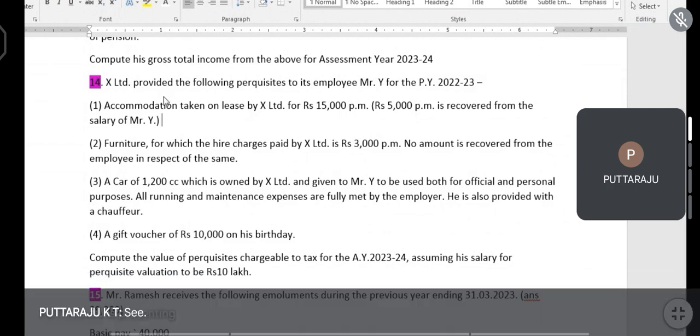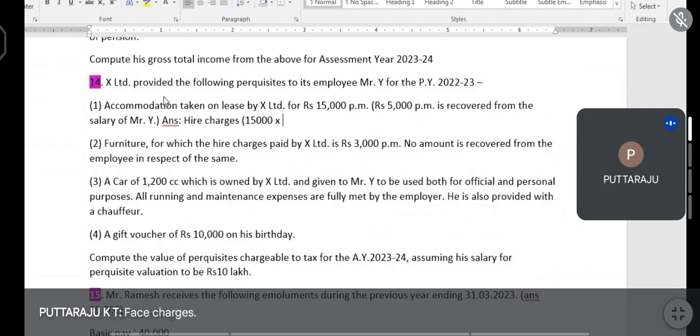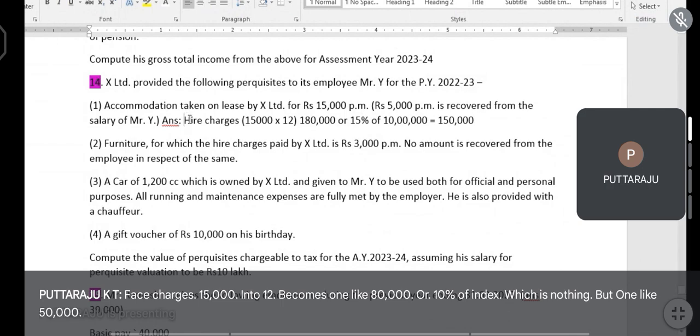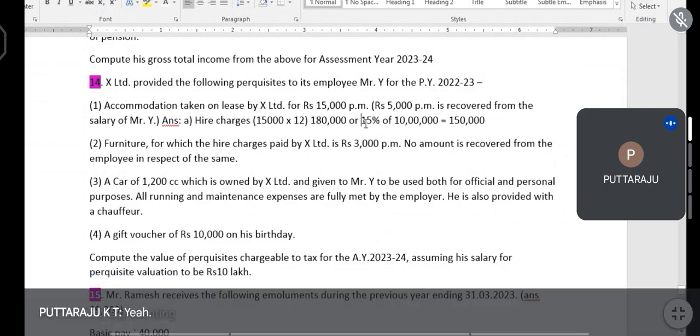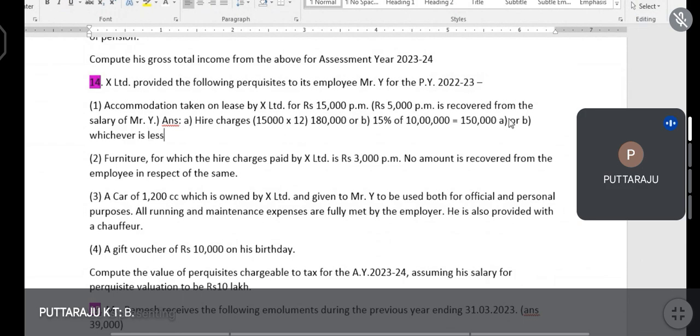See, hire charges: 15,000 into 12 becomes 1,80,000, or 15% of 10 lakhs, which is nothing but 1,50,000. A or B, whichever is less.